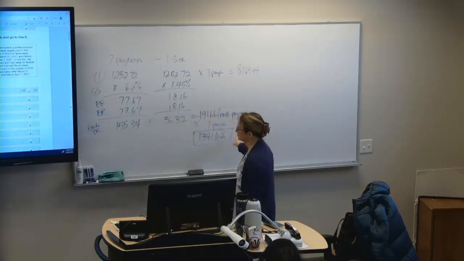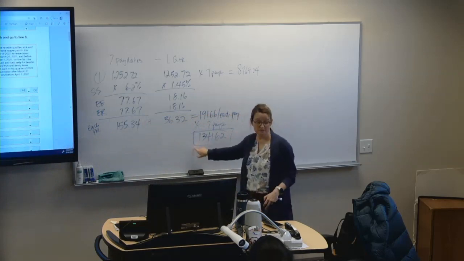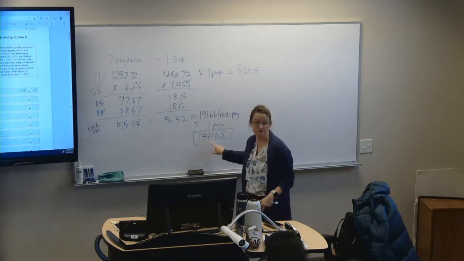We've got a difference of 4 cents. This is what we would have deposited, the $1341.62.